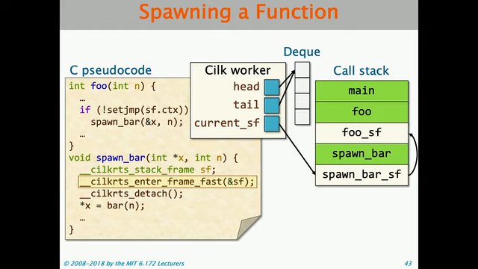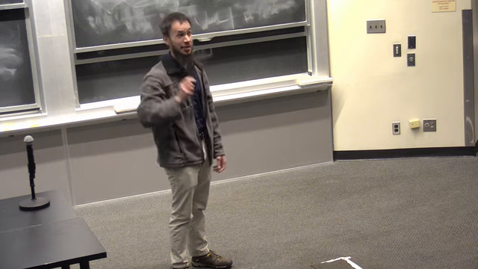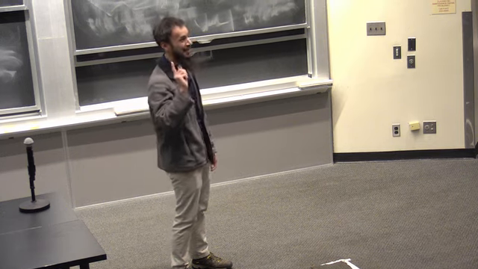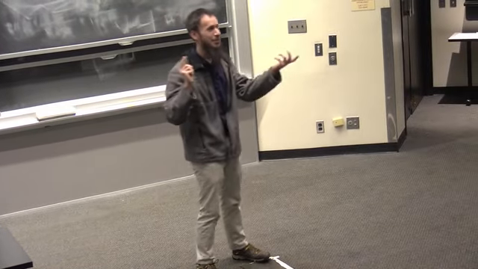Yes, question? How does enter frame know what the parent is? Good question. Enter frame knows the worker. Or rather, enter frame can do a call which will give it access to the Cilk worker structure. And because it can do a call, it can read the current stack frame pointer in the worker.